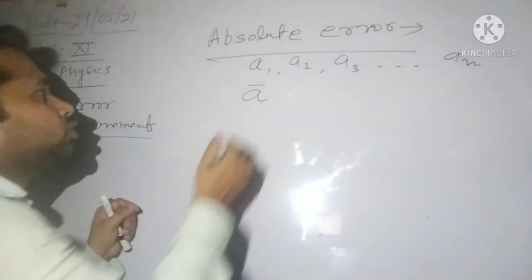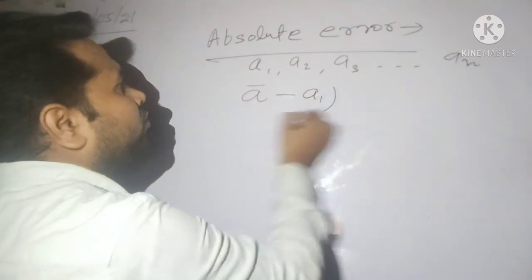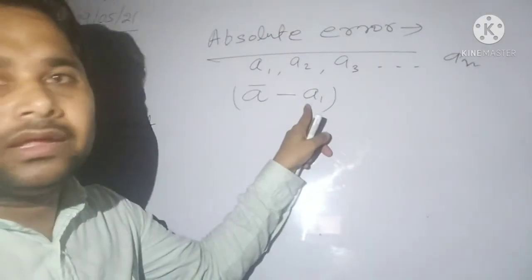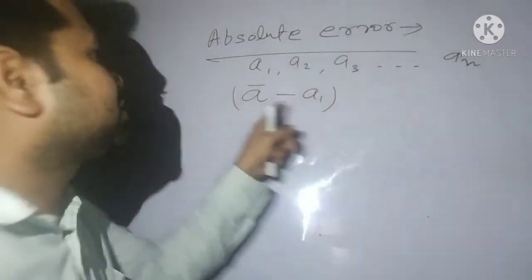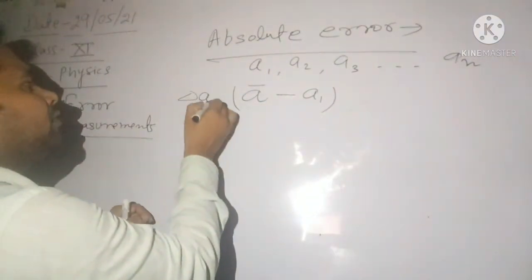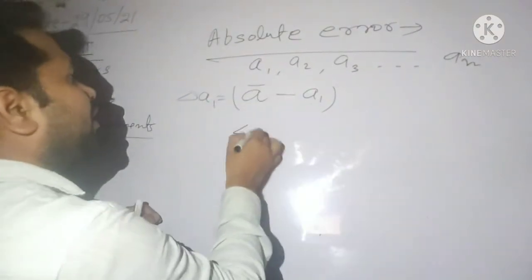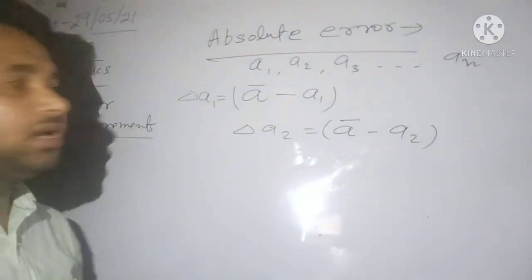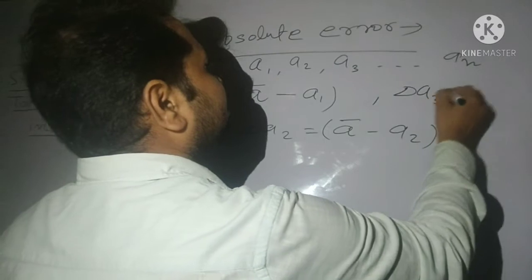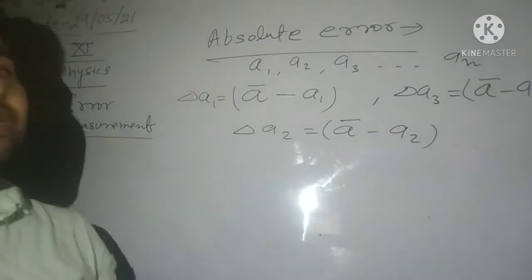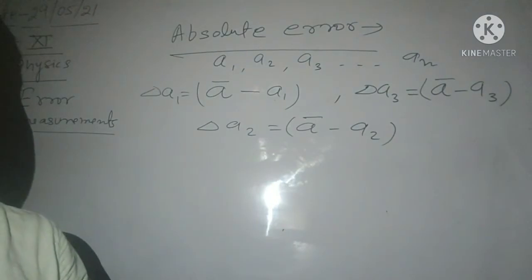So the difference of true value and individual observations, A bar minus A1, is represented by delta A1. Similarly, delta A2 equals A bar minus A2. Similarly, delta A3 equals A bar minus A3. So these are the absolute errors in our measurement.